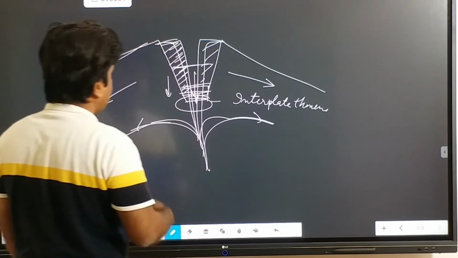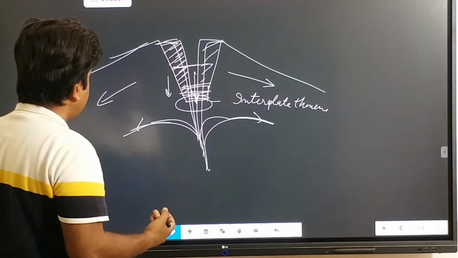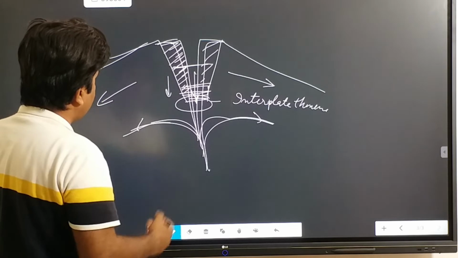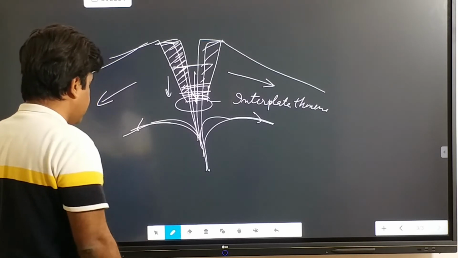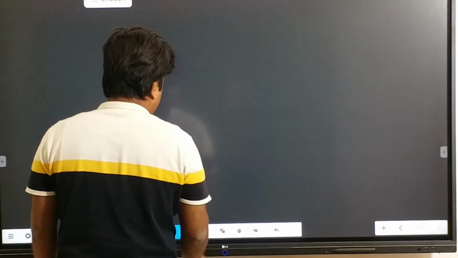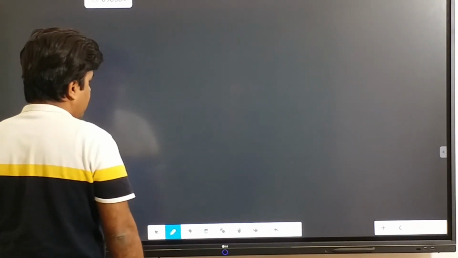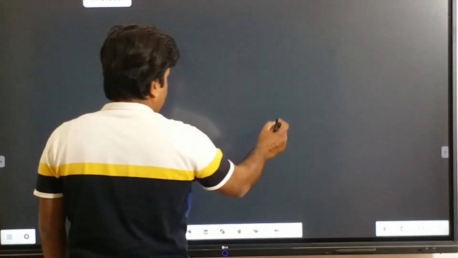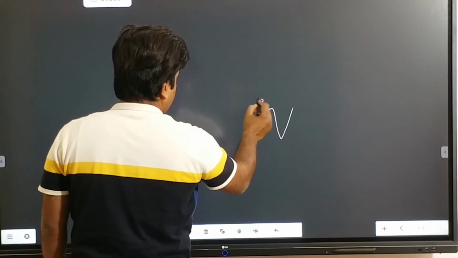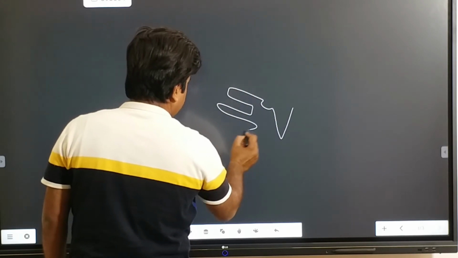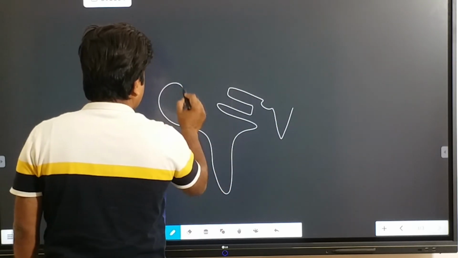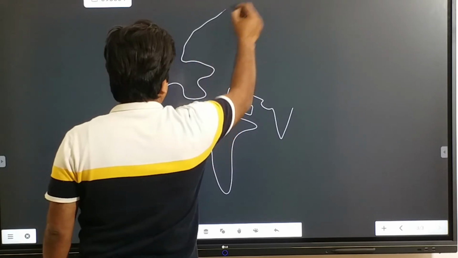All this kind of divergence is taking place all along the mid-oceanic ridges. If you will see the map of the world, then you will find that all along these mid-oceanic ridges, this type of phenomena is taking place.